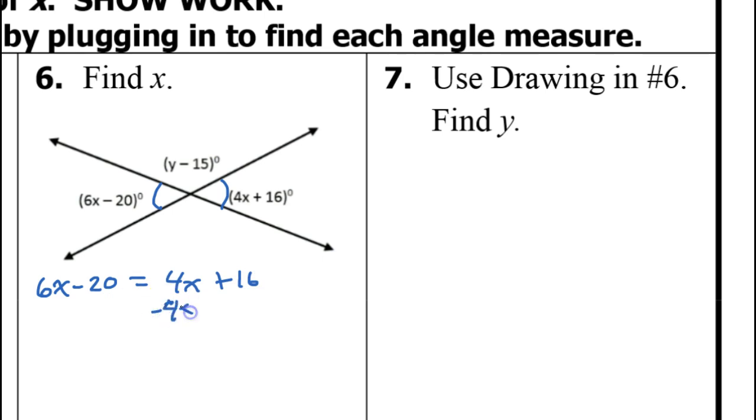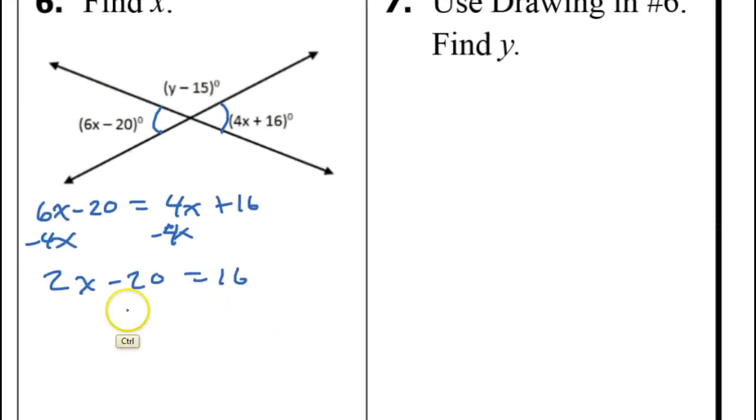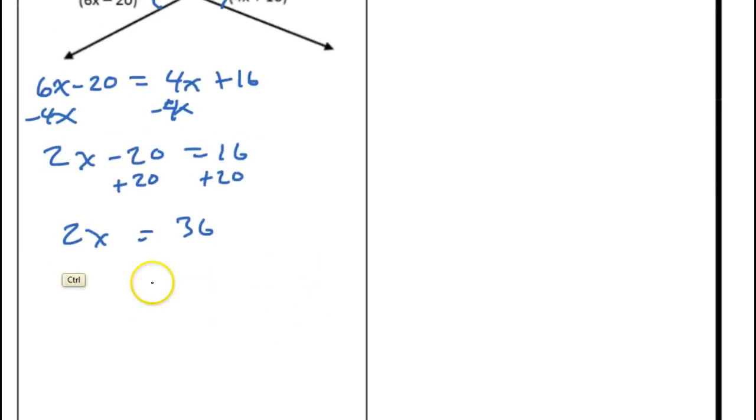Subtracting 4x from both sides gives me 2x minus 20 is equal to 16. All right, adding 20 to both sides gives me 2x is equal to 36. So if I divide both sides by 2, I get x equals 18.